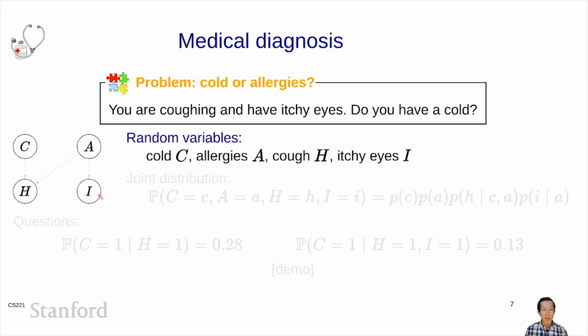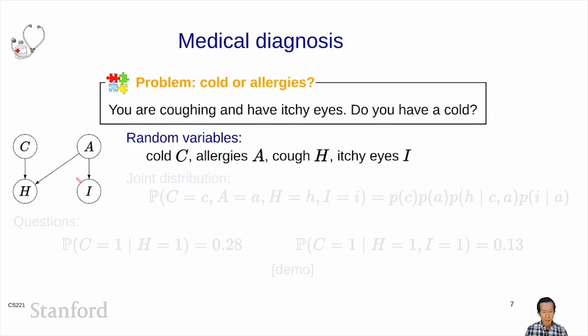The second step is to draw arrows between them using prior knowledge. Using really super crude medical knowledge, I'm going to declare that cough could be because of either cold or allergies, whereas itchy eyes is generally due to allergies alone, but not cold.